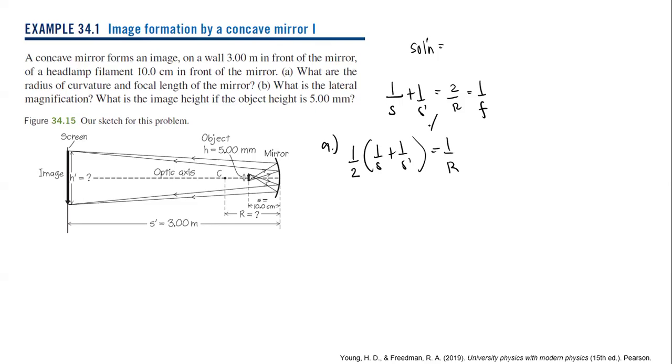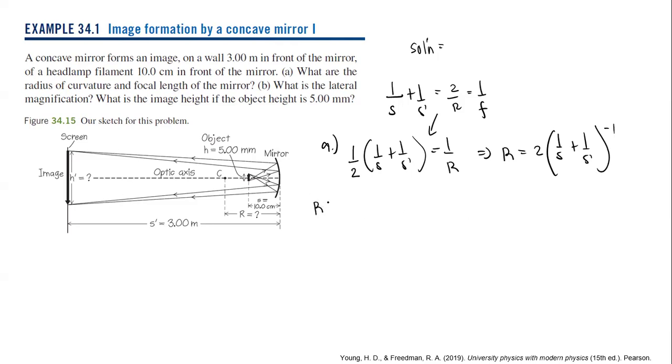So implies that for the inverse, R is just equal to 2 times 1 over s plus 1 over s' to the negative 1.